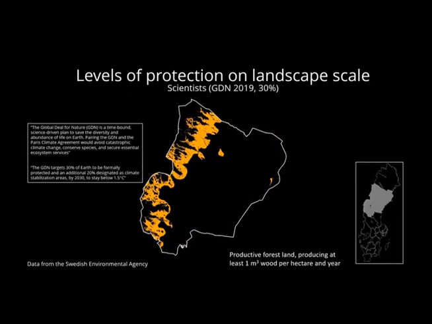So if we take another target, which is even more ambitious, the Global Deal for Nature, which was put forward by a bunch of researchers, they want to protect 30%. Then it obviously gets worse. It's almost only along the foothills of the Scandes.